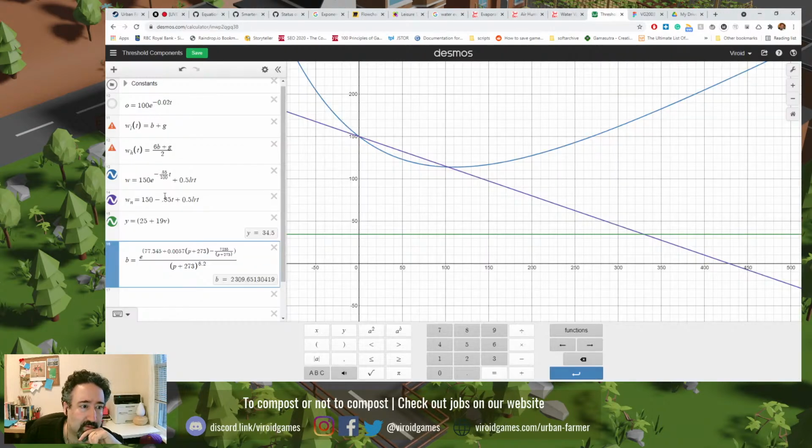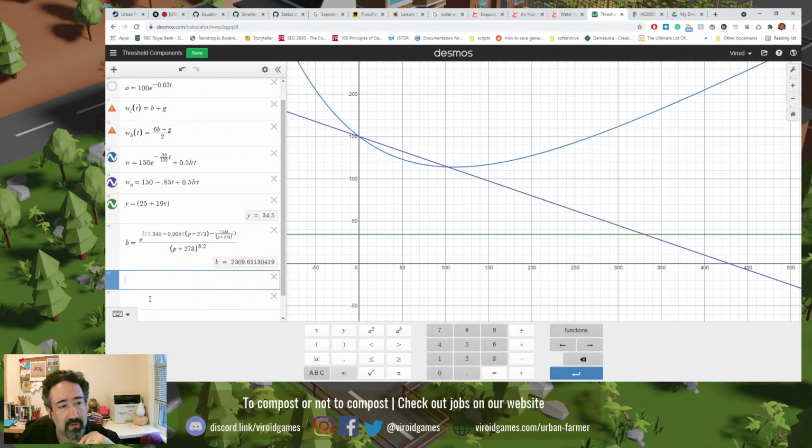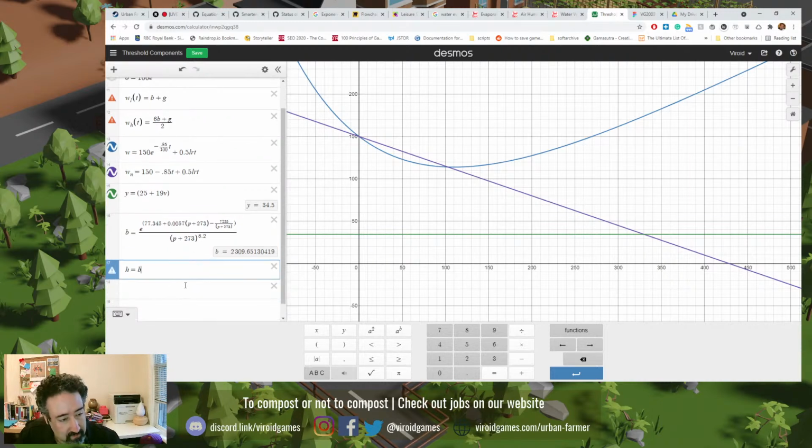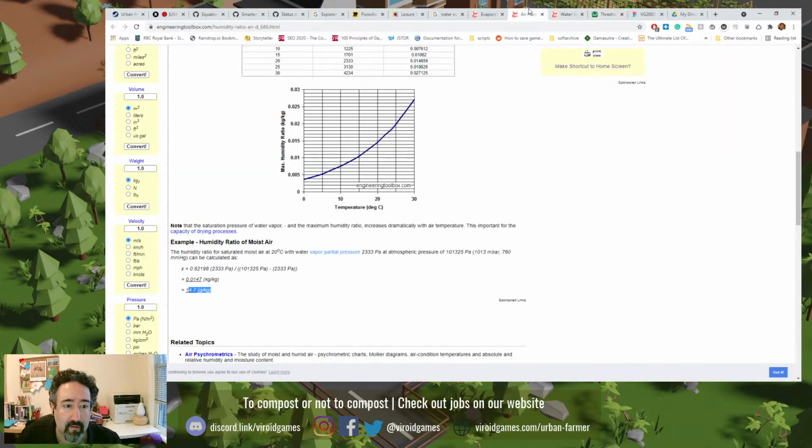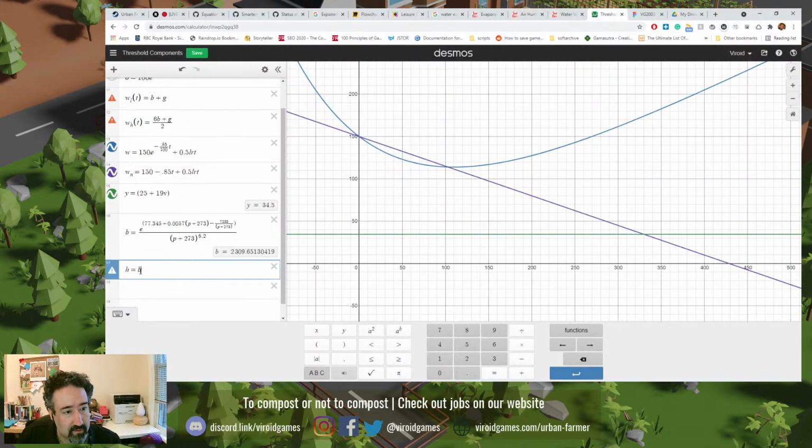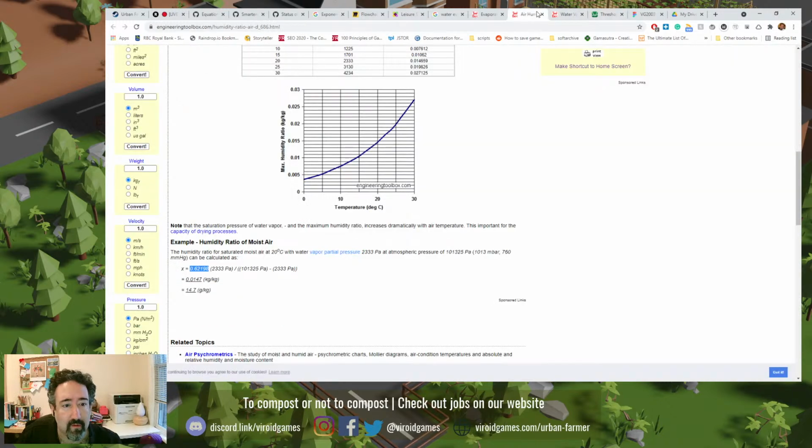Let's pick a new humidity ratio, H. H is such that E times this times p constant over the pressure minus p.